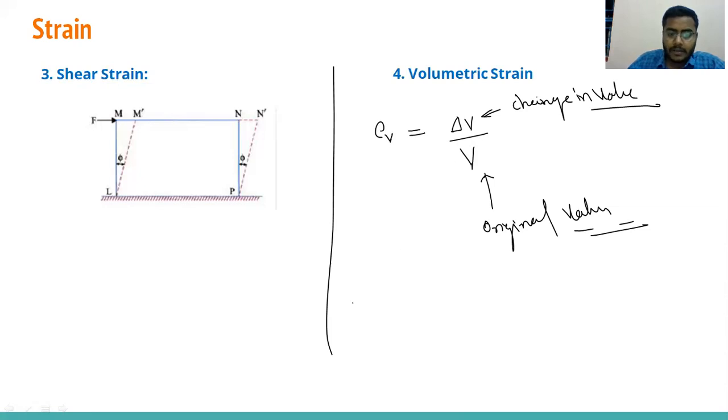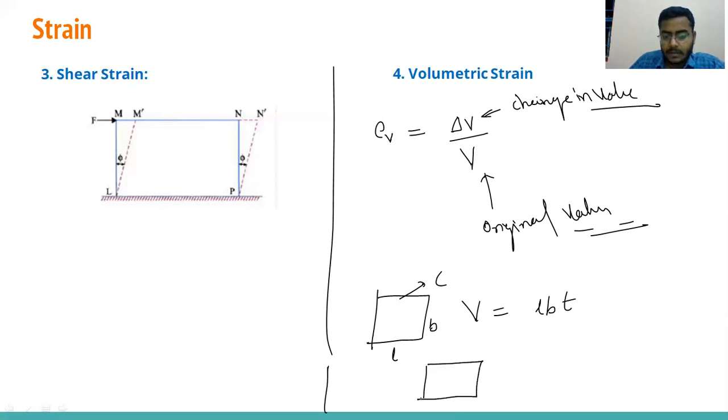For example, take a body with length L, breadth B, and thickness T. The volume we can measure is L, B, T. This is the initial volume. Now some forces are applied on this, and it becomes L dash, B dash, and thickness T dash. So the final volume will be L dash, B dash, T dash.